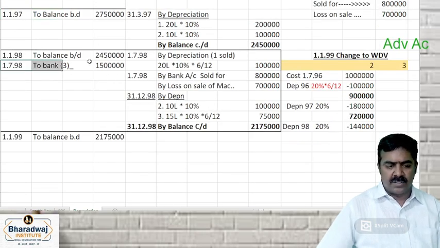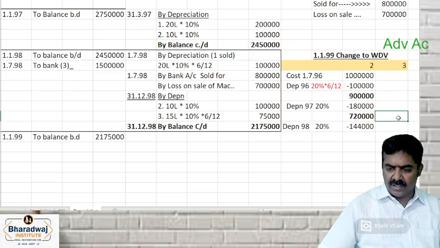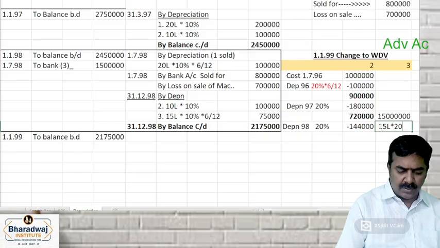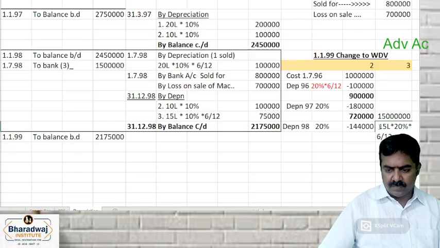A new machine was purchased in 98. For how much did you purchase? You purchased for 15 lakhs. How much depreciation will come for this 15 lakhs? 15 lakhs into 20% for how many months? 6 months. 15 lakh 20% for 6 months.